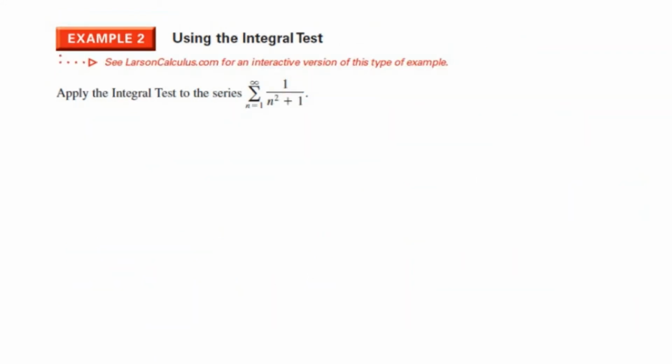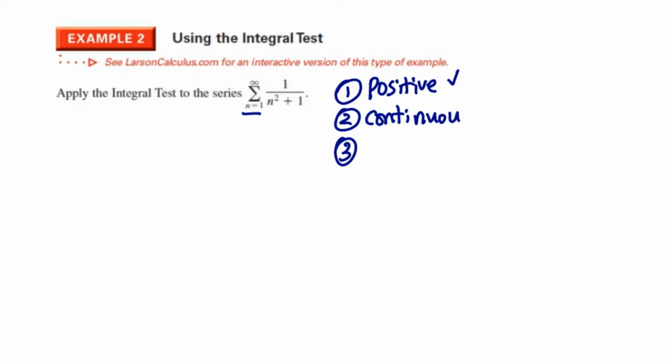Okay, example number 2. Let's see if we can use the integral test. So three things. Number 1, is it positive? Because n starts with 1, yes. Is it continuous? Because the denominator is never 0, yes.